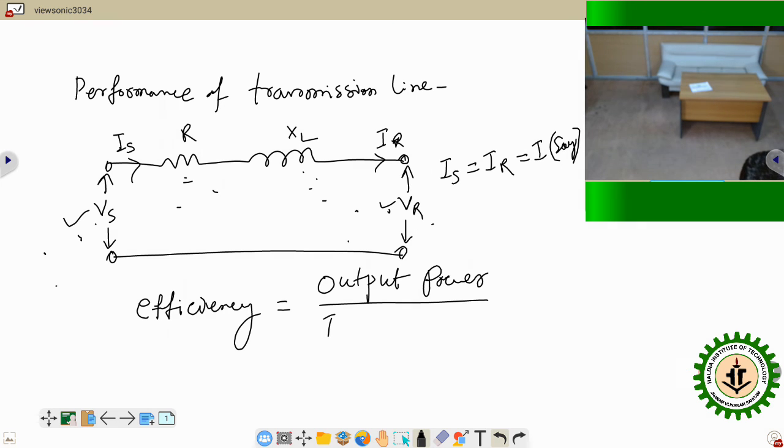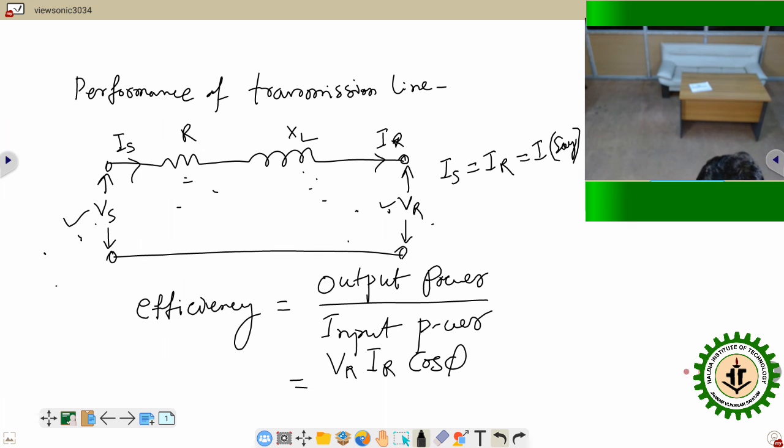Okay. What is the output power from here? If Vr is the receiving end voltage, Ir is the receiving end current, cos phi r is the receiving end power factor, then output power is Vr Ir cos phi r, to the input power. Input power means Vs Is cos phi s.